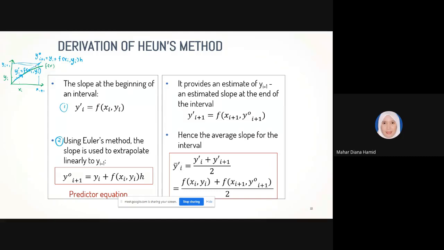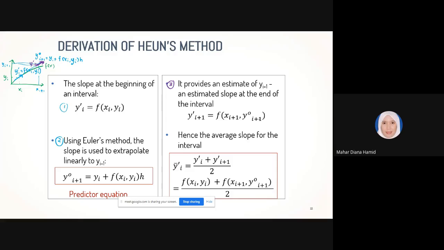So we are going to find this slope. It's not supposed to be a straight line. So this would be step number 3, y prime i plus 1.